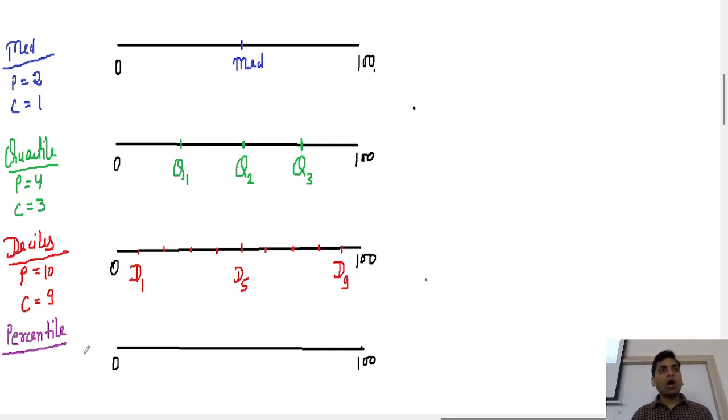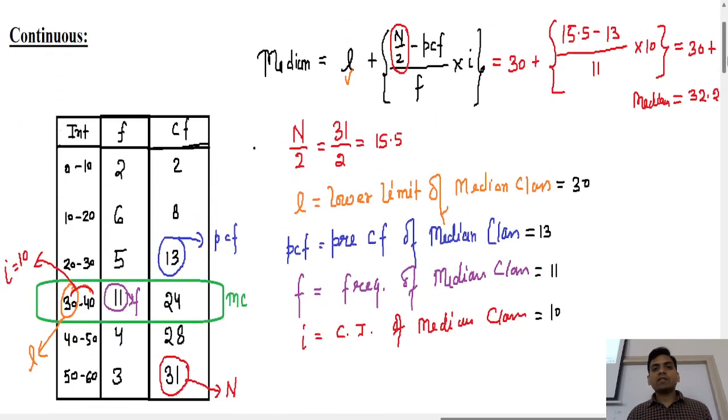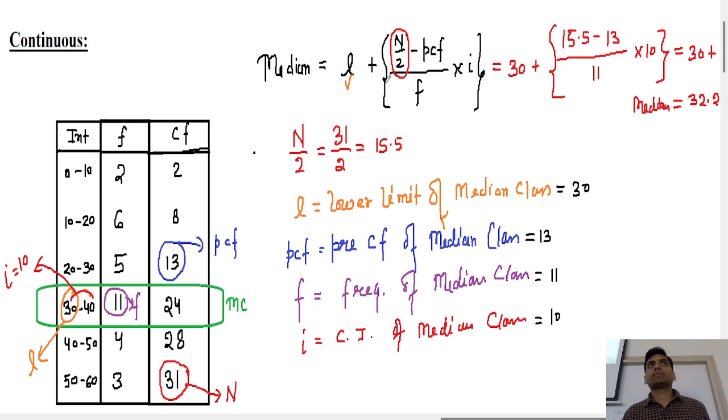So in percentile, the number of parts is 100 and the number of cuts is 99. The first cut is considered as P1, the last cut is P99, and the middle cut is P50. Is it clear? Any doubt or confusion? Okay.